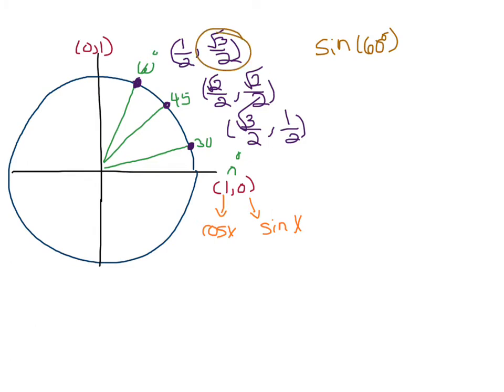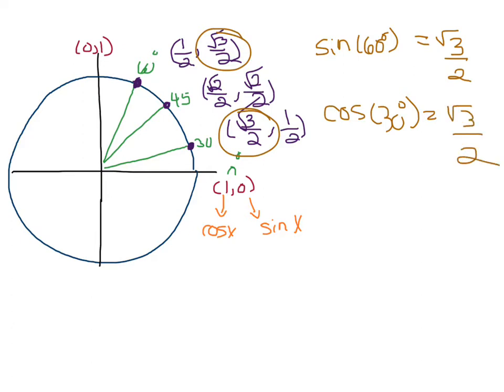The y-coordinate is equal to root 3 over 2, so therefore the exact value is equal to root 3 over 2. If I wanted to find, actually let's do cos to change it up a bit, cos 30 degrees, well, I know that cos is the x-coordinate, and at 30 degrees it would be root 3 over 2 as well.